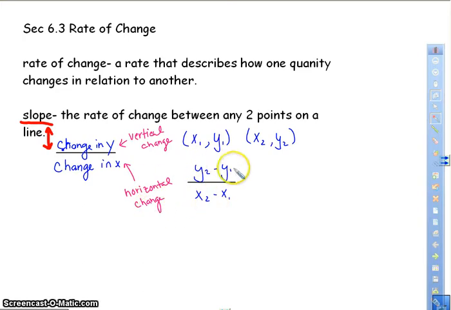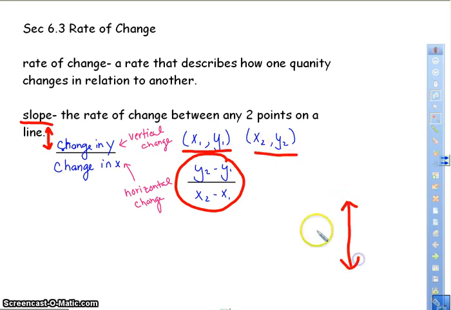Okay, the formula that correlates to this, because it's 2 points on the line, and we're talking about a coordinate plane here, where this is x and this is y, is going to be the change in y. So how is it changing vertically?